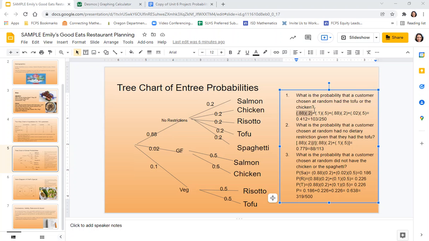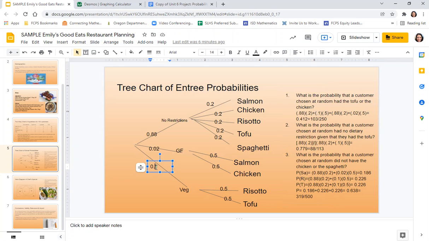And then for vegetarian tofu, I multiplied the 0.1 times the 0.5. So just going along the branches. Now they could also have had chicken, so we're going to add in the probabilities of having a chicken entree. That would be 0.88 times 0.2 plus, here we are with gluten-free, 0.02 times 0.5.